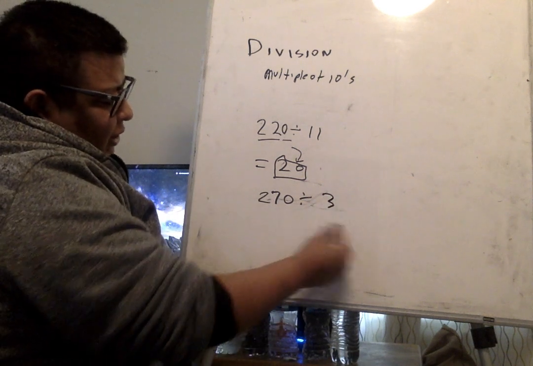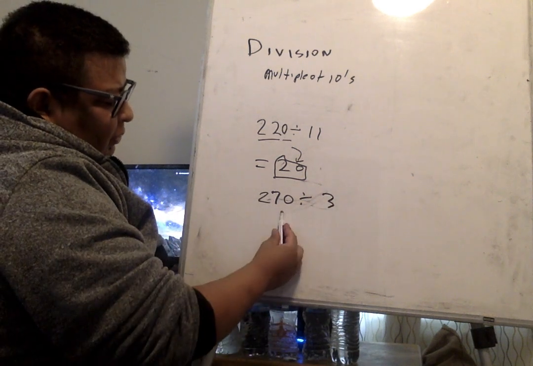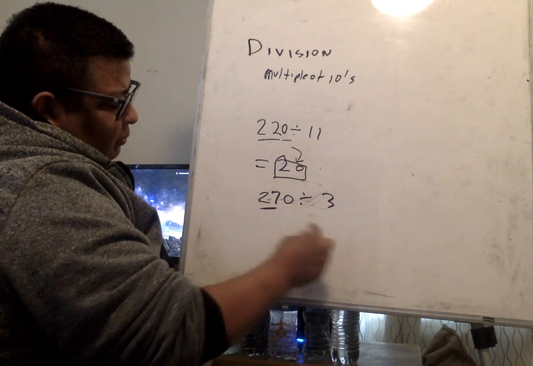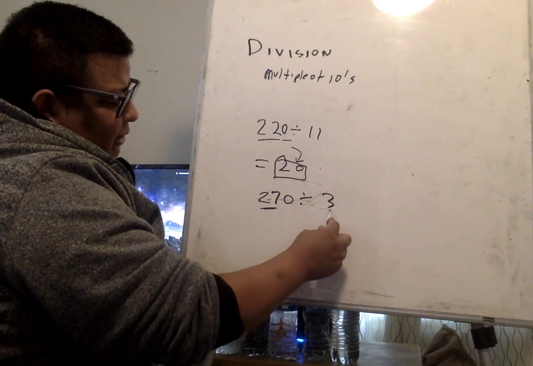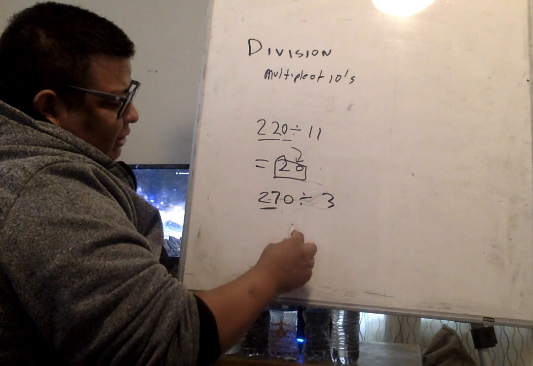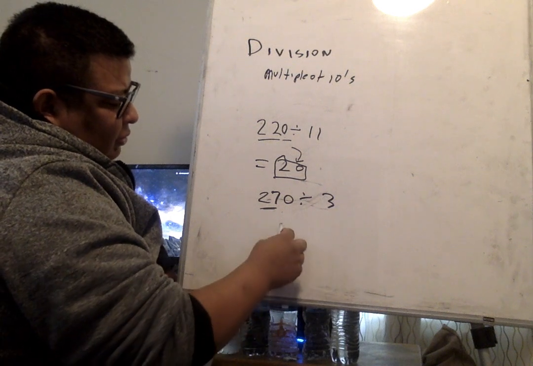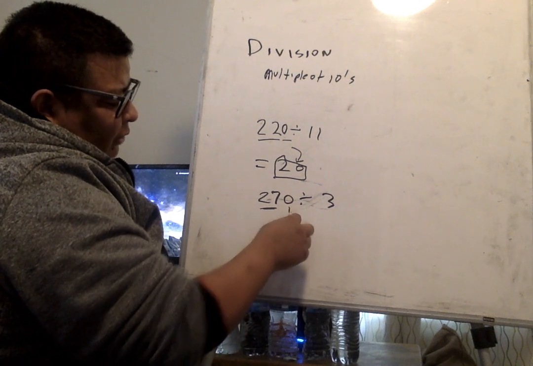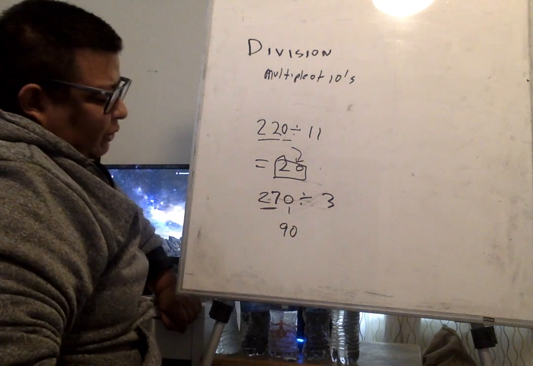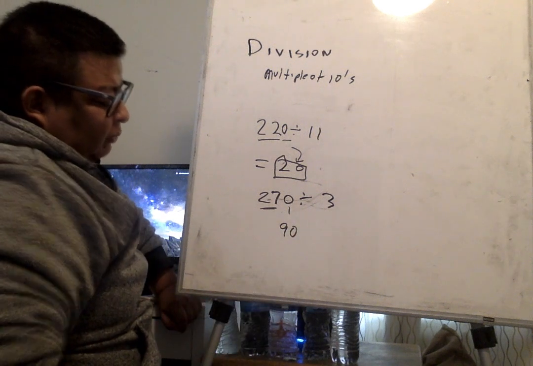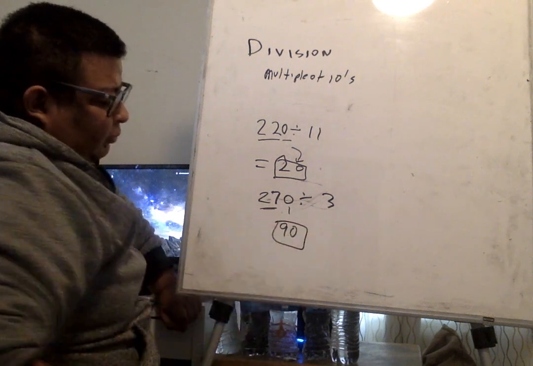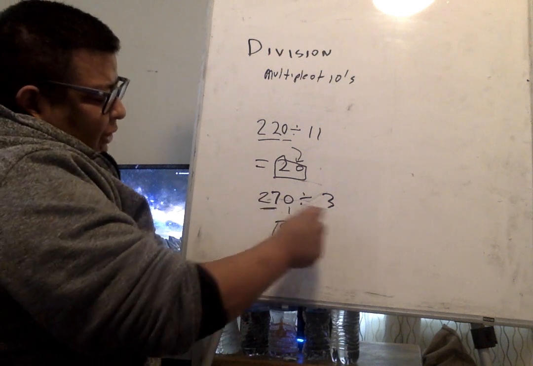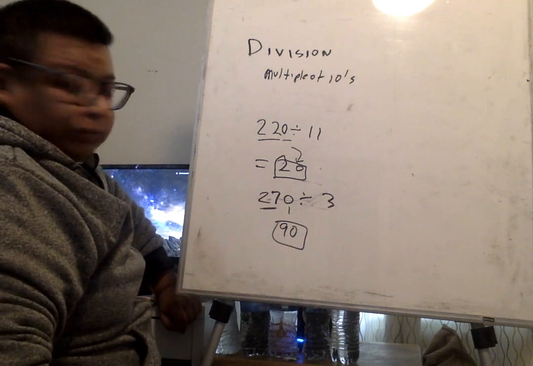So there are no zeros, I cannot cancel, but this is a multiple of 10. What I can do is take these two digits and divide by 3. So 27 divided by 3 is 9, since 3 times 9 is 27. So 9, and we're left with a 0. That 0, you just bring it down and put it on the front. You got 90. So 270 divided by 3 is 90.